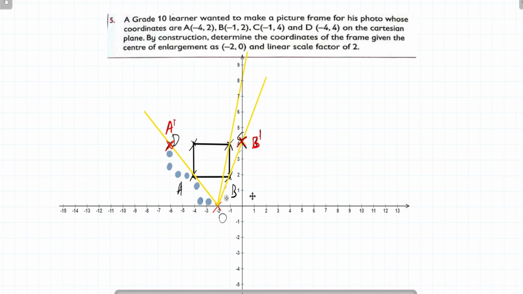Again, we go right once, and then you're going up 1, 2, 3, 4. So you do the same thing once right, and then 1, 2, 3, 4. So your image is going to be here.